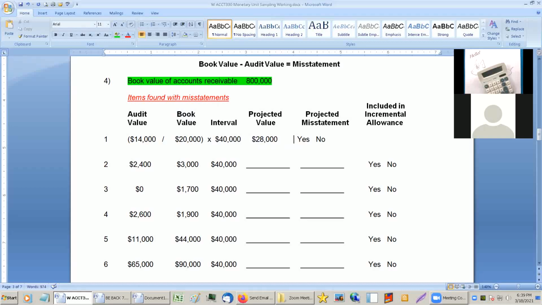The projected misstatement is 12,000. Okay, and is this included in the incremental allowance? If the book value is less than the interval, and it is, it will be included because there could be more things wrong in there.